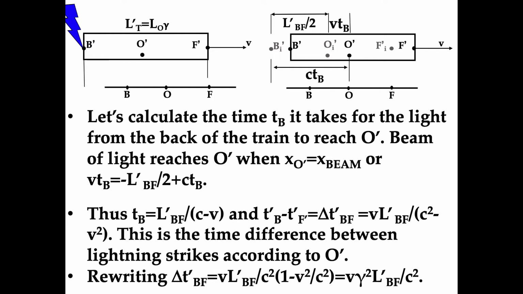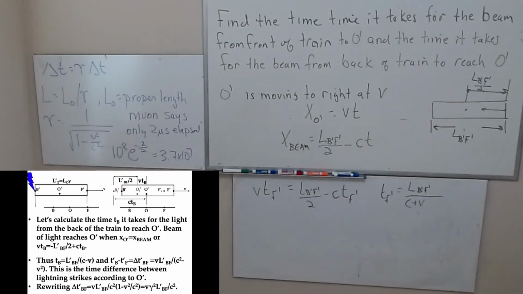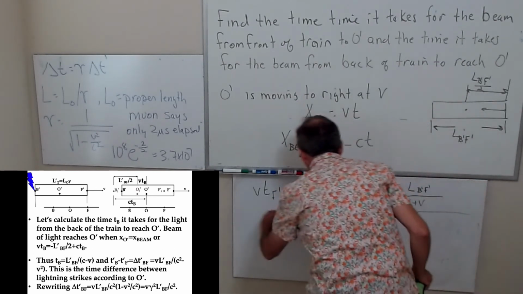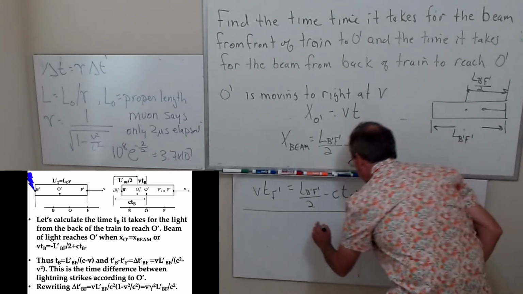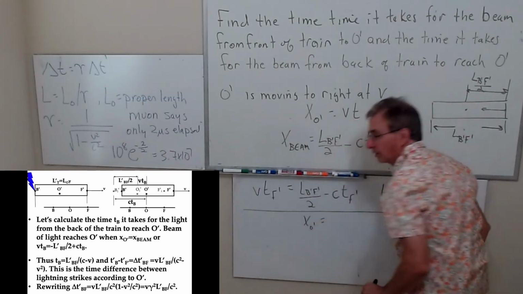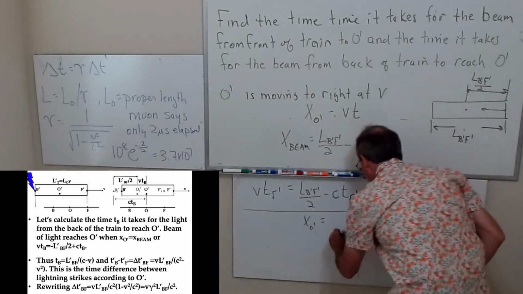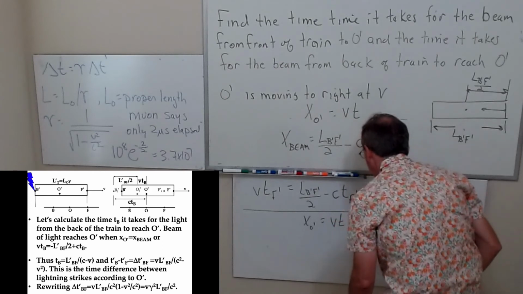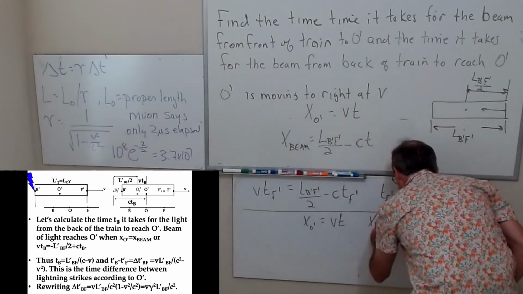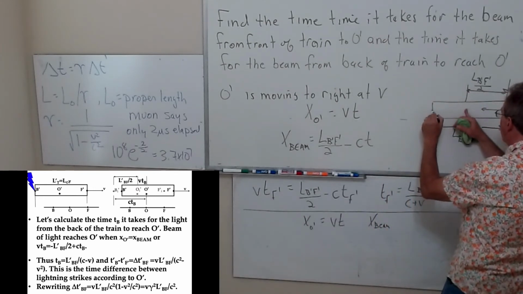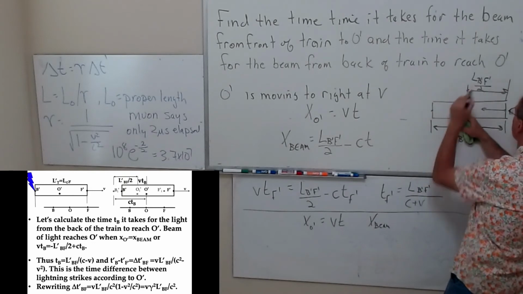When the light beam from B reaches O prime, then the position of the beam equals the position of the observer. So for the second part, we say that X_O prime is just V times T. And X beam, since the beam starts on this side, if this is the origin, then this is negative half of L_B over.